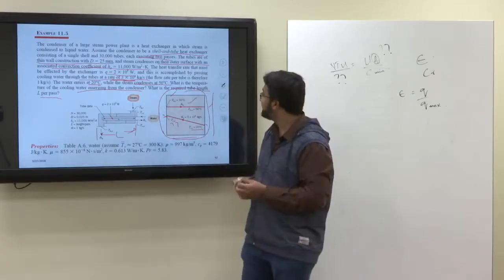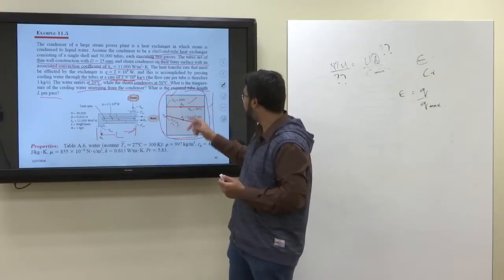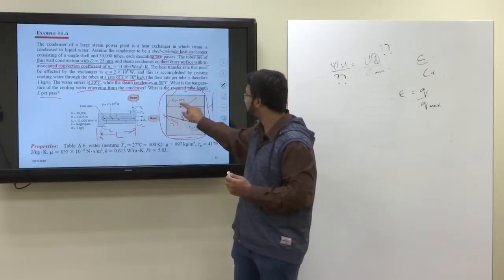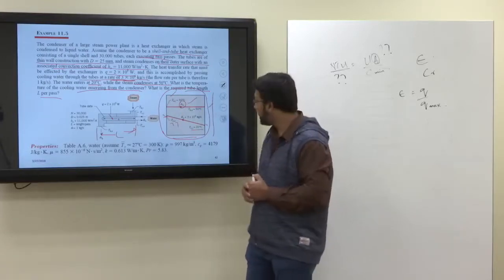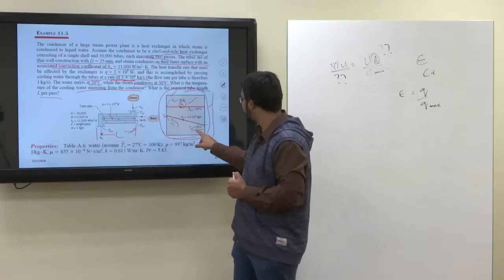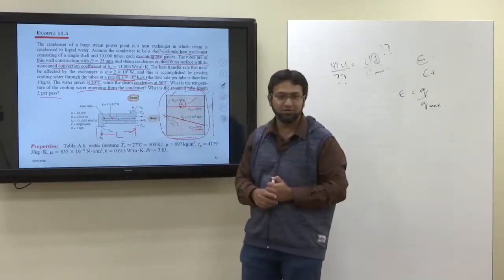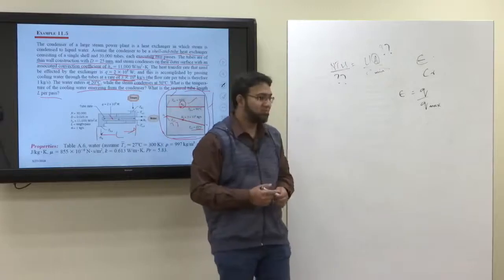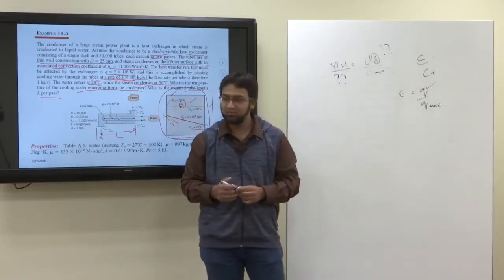But for the hot fluid, we don't have the mass flow rate. And for the cold fluid, yeah, Q is given. This is one important point. We need Q max. So Q is given. Sorry, Q is given. That's good.